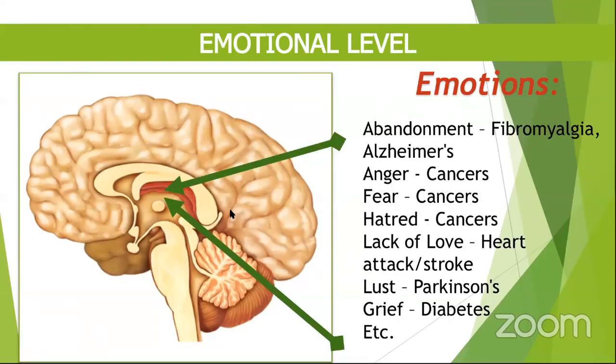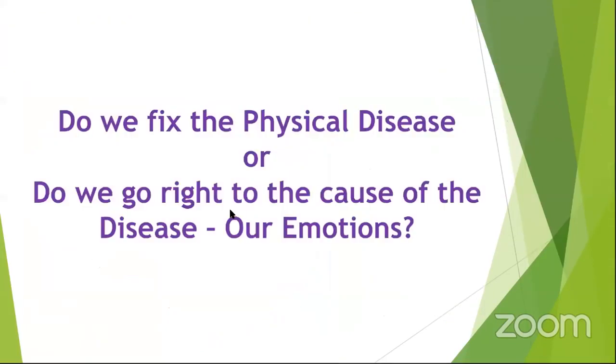So we have to address the emotions. There are a lot of books we can use to understand what kind of emotions are involved in every disease. So the question is, do we fix the physical disease, or do we go right to the cause of the disease, the emotions?